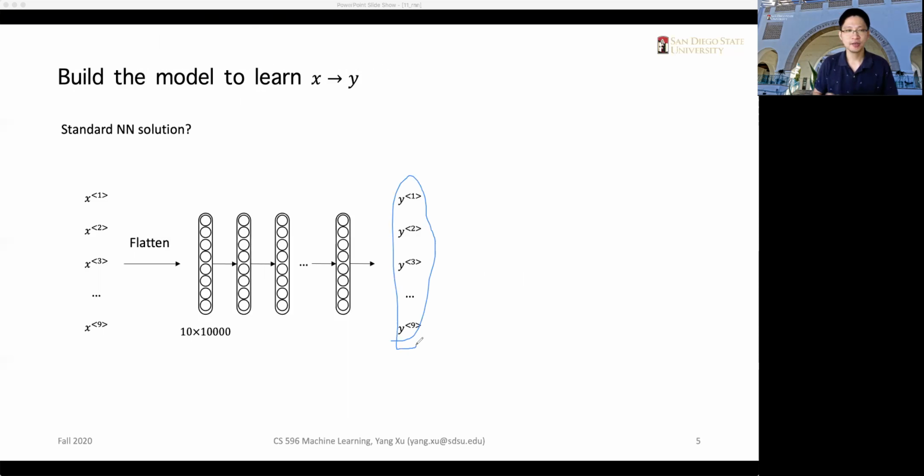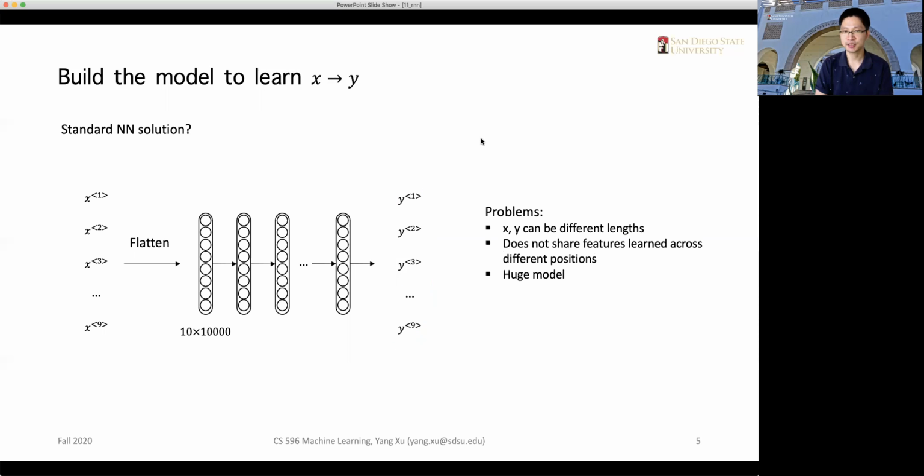Okay, so a typical regular network is like this, but the shortcoming is also very salient, because we need to change the architecture for different training data points, because the X and Y's are of different lengths. And also the information is not passed from the previous time step to the next.